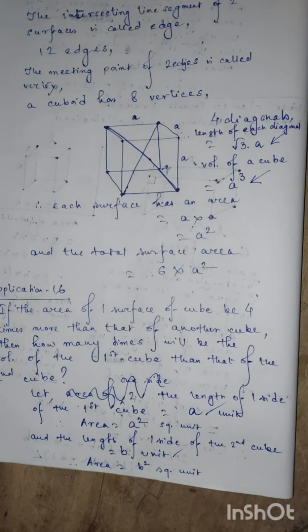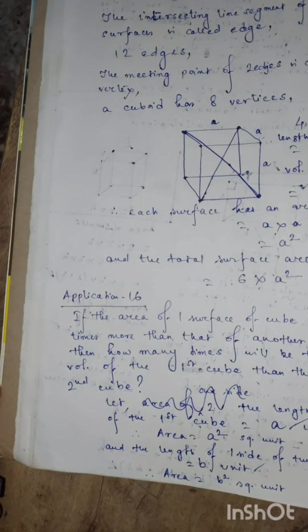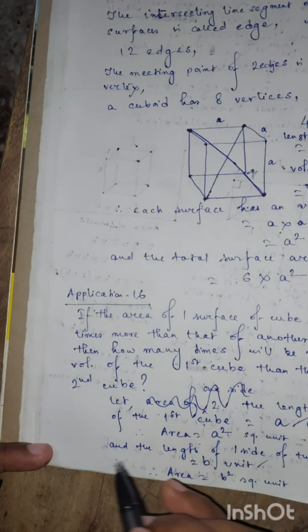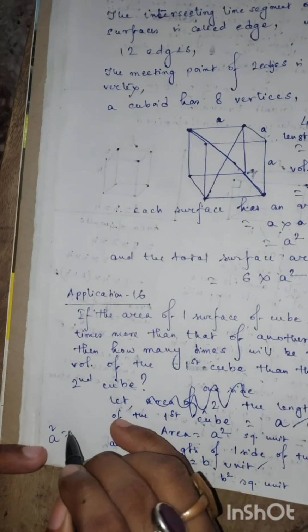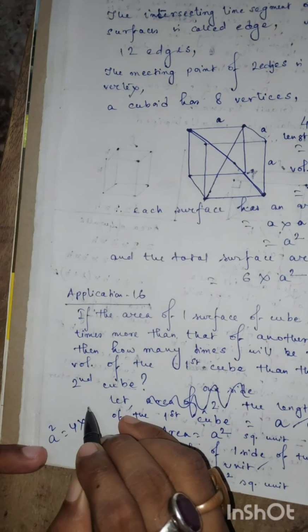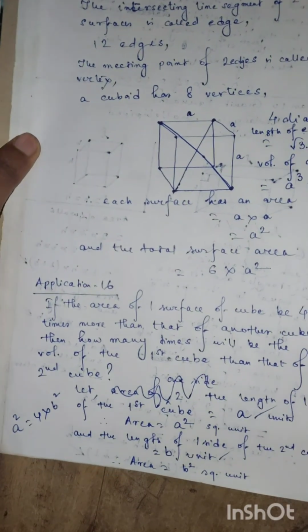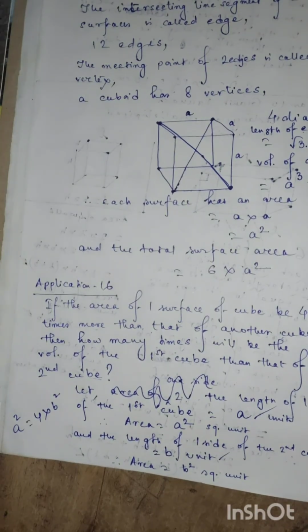Okay, so area of this cube, first cube, is 4 times the area of one side of second cube. So this is our given condition.